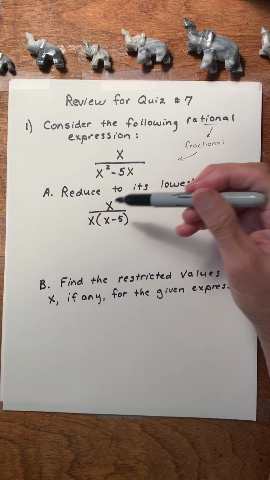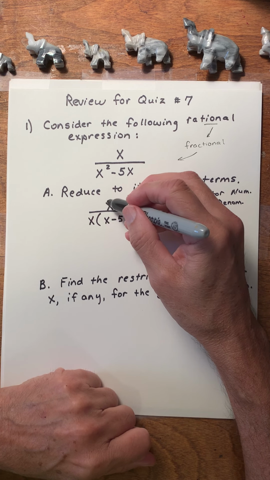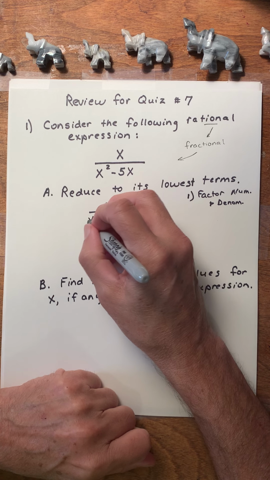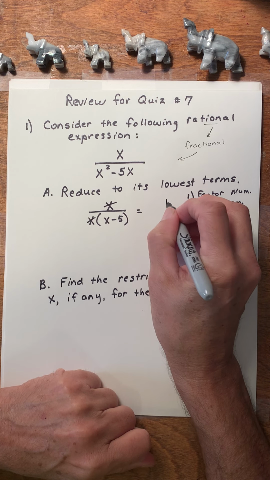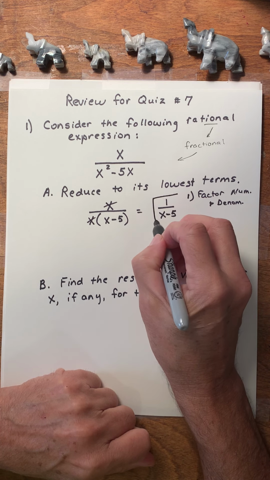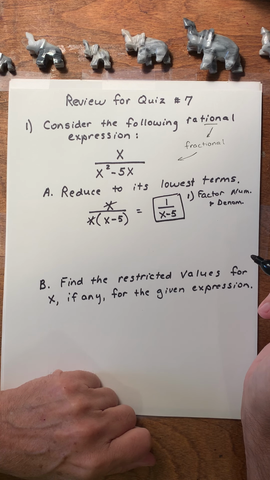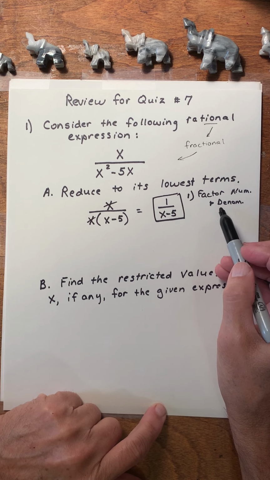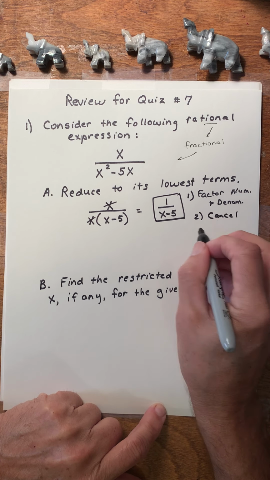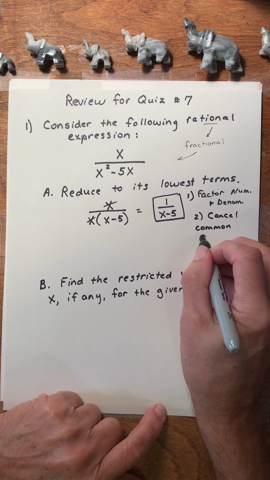So, reduce to lowest terms. Hey, look here, I have a common factor, top and bottom. Anything over itself simplifies to 1. What we say is they cancel, and I get 1 over x minus 5. So that is the reduced to lowest terms expression. So I factor the numerator and denominator. Secondly, I cancel common factors, just like a normal fraction.